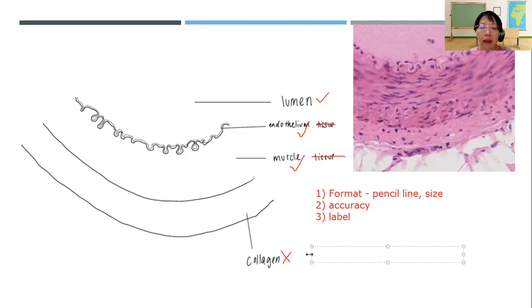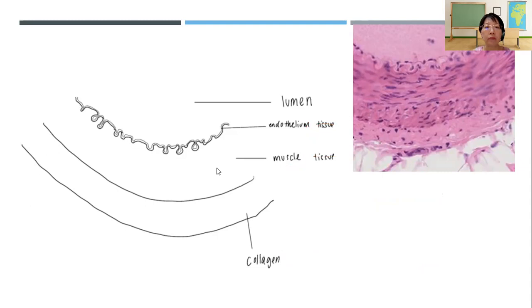So you need to label this as probably connective tissue, which contain maybe the collagen, and also maybe elastic tissue. Okay. So this drawing is quite good.